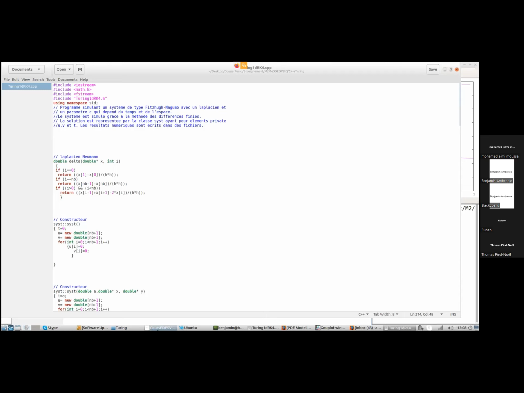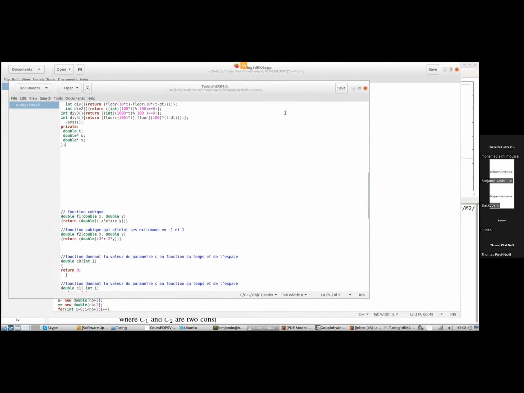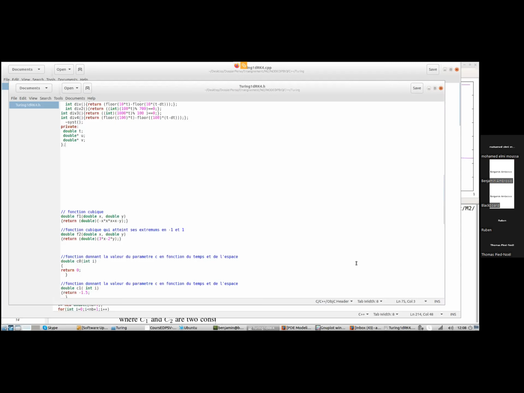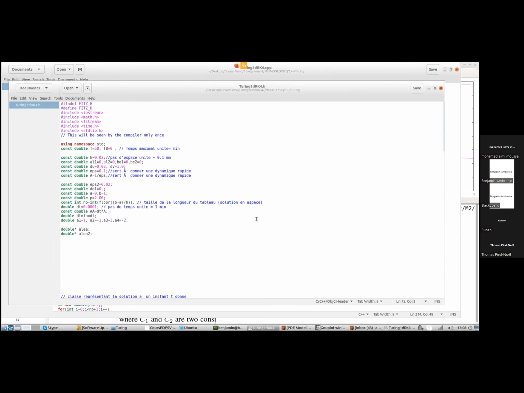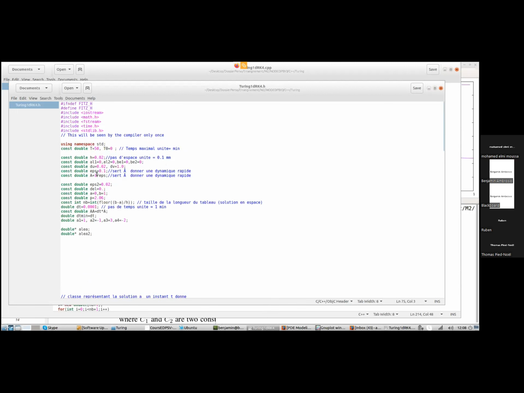And so for the header file, which is here, I will show you where the things appear. So first, it's a little small, but hopefully you can see it. I will change the du, which corresponds to the sigma.